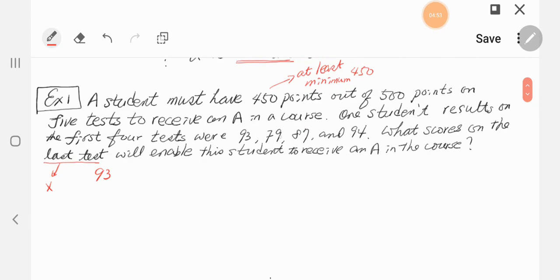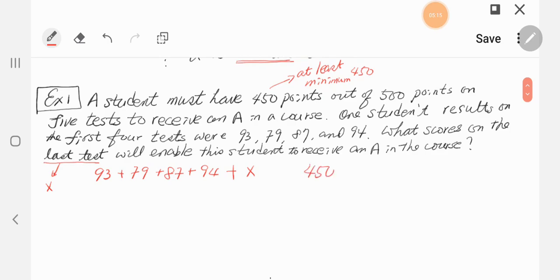So the sum of all 5 tests is 93 plus 79 plus 87 plus 94 plus the fifth test. I don't know it, so we want to find out, so let's say that's x. Then all this sum has to be at least 450.